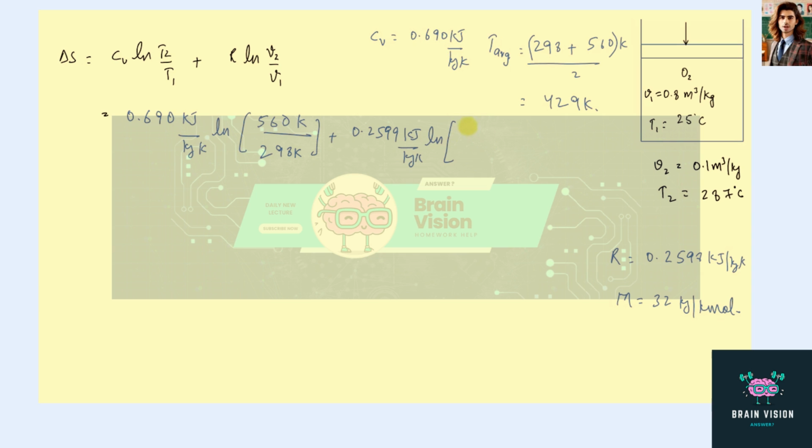So V2 we have 0.1 meter cube over kg, divided by V1 we have 0.8 meter cube over kg. So we simplify this and we get the value of delta S as nearly negative 0.105 kilojoule over kg Kelvin. So this is the entropy change for the given process.